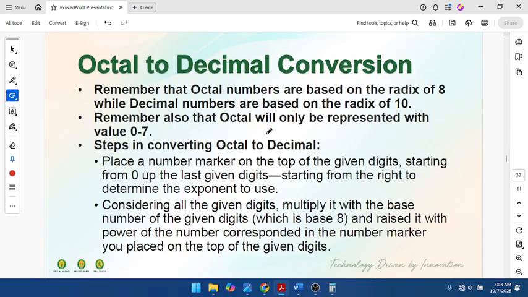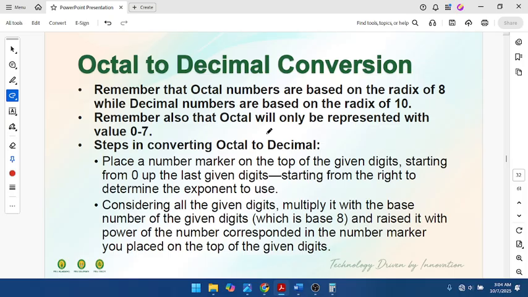For octal to decimal conversion, remember that octal numbers are based on radix 8, while decimal numbers are based on radix 10. Remember also that octal only represents the values 0 to 7.